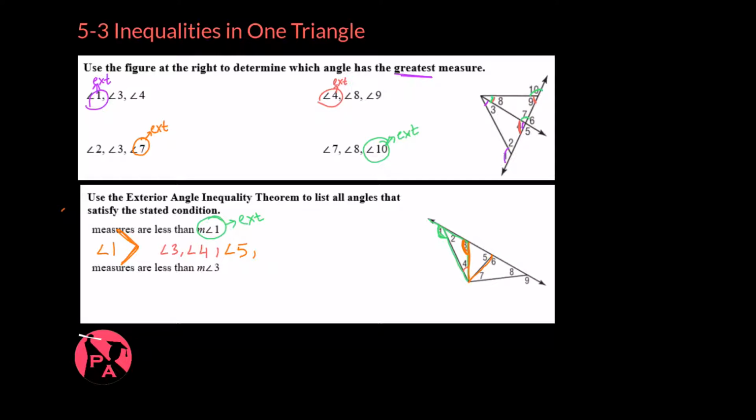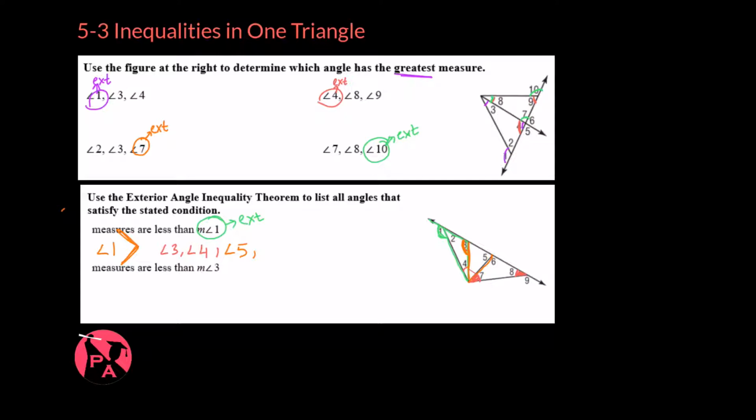Next, we are going to do the same thing for angle 5. If this is an exterior angle of any triangle, like this one here, then there are going to be angles that are less than angle 5, such as angle 7 here and angle 8.